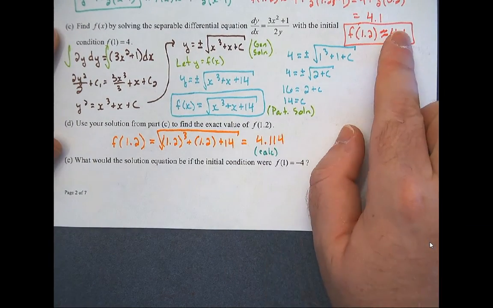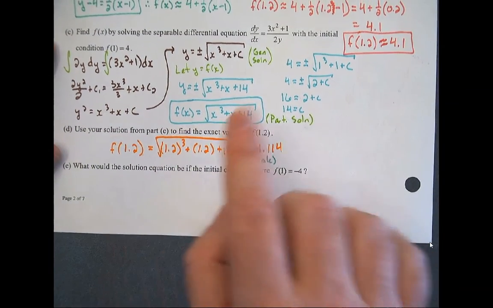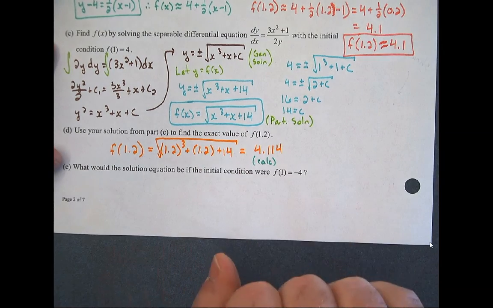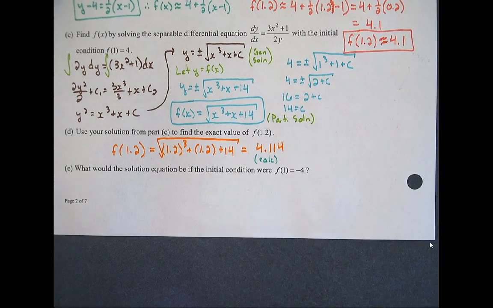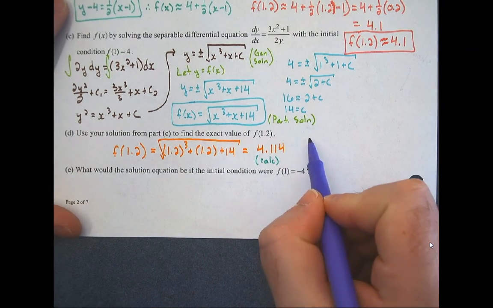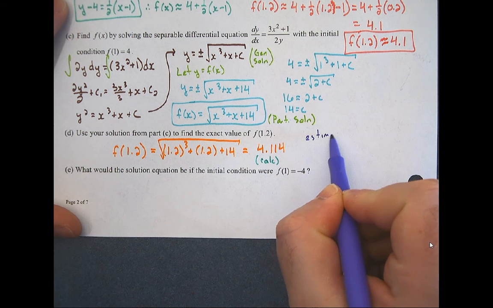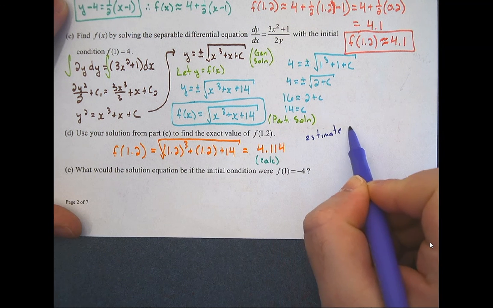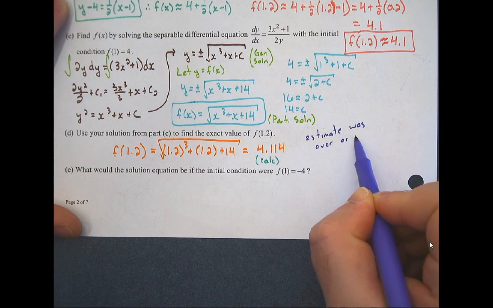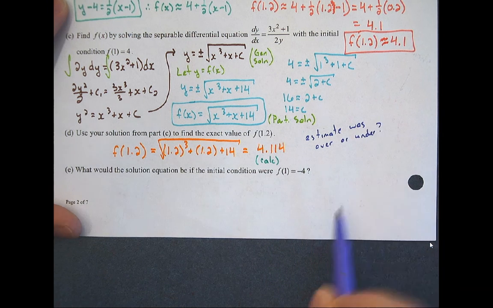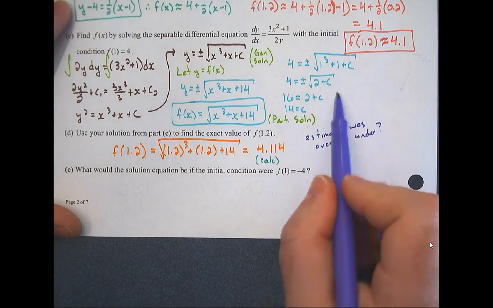Actually, let's talk a little bit about what you can tell me now about the curve of f. At this spot, what can you tell me about our estimate? Our estimate was an overestimate or an underestimate. Our estimate was 4.1.